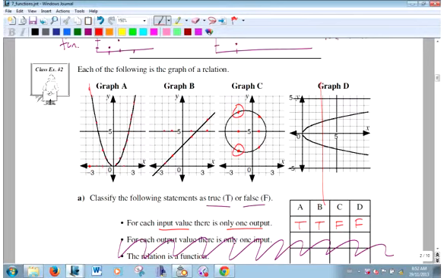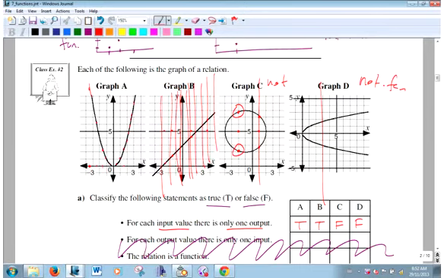Or let's word that differently. Can I draw a vertical line that cuts it more than once? Yes, I can. Not a function. Okay? Here too. Not a function. I don't care how many vertical lines you draw on this graph, it's only going to cut that line in one spot. That's a function.